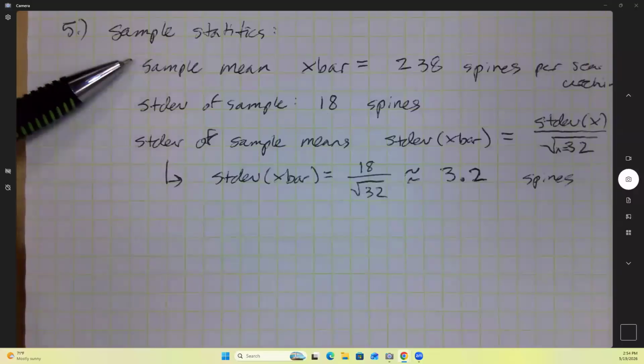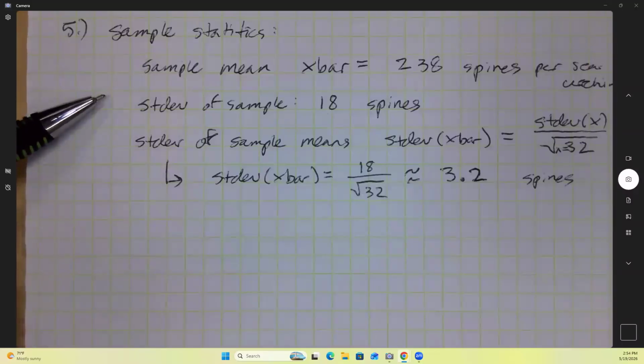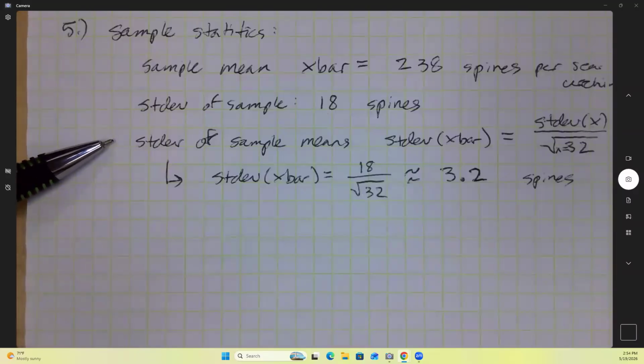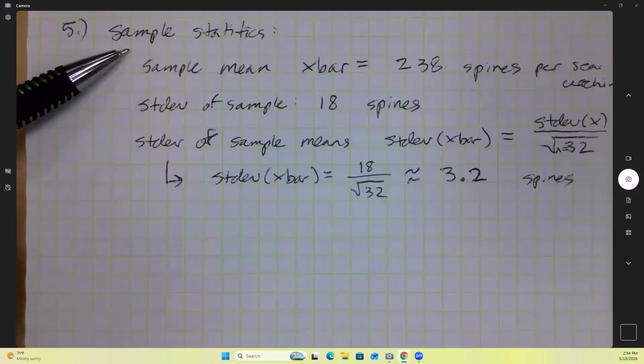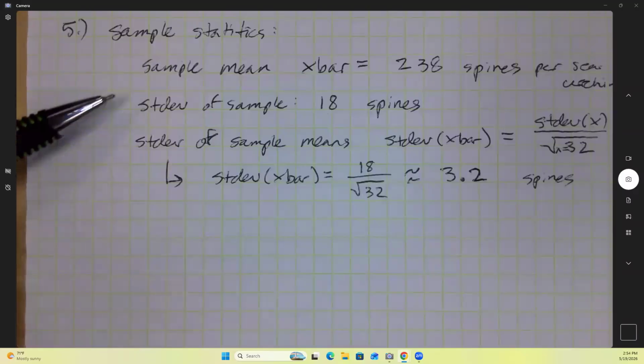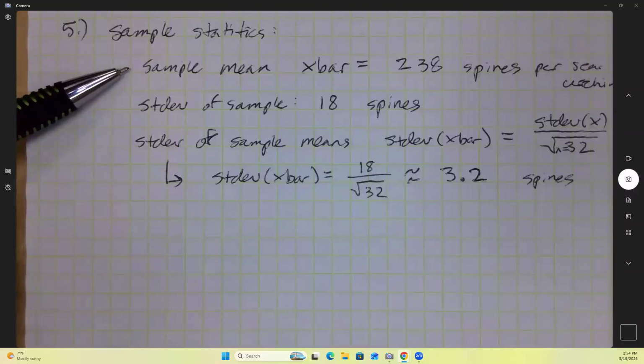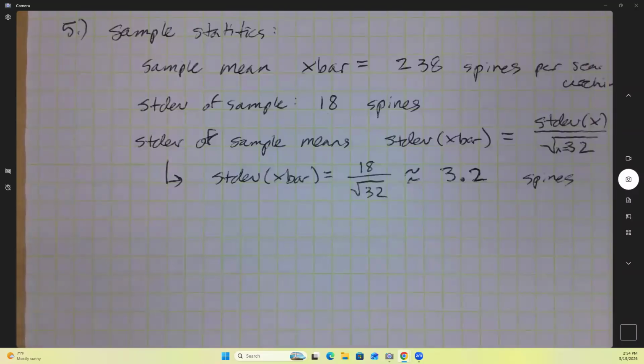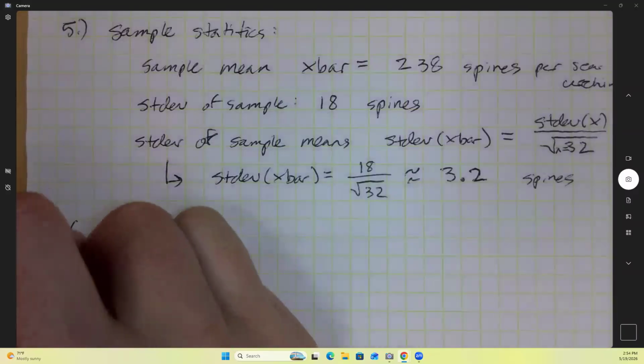Then you get a p-hat, a sample proportion, and you get a standard deviation of your sample proportion as well. You can do a hypothesis test about a median, about a standard deviation, about all sorts of different things. We're focusing on the mean because A, it's the most common, and B, the idea transfers to whatever statistic you're looking at. What comes next?